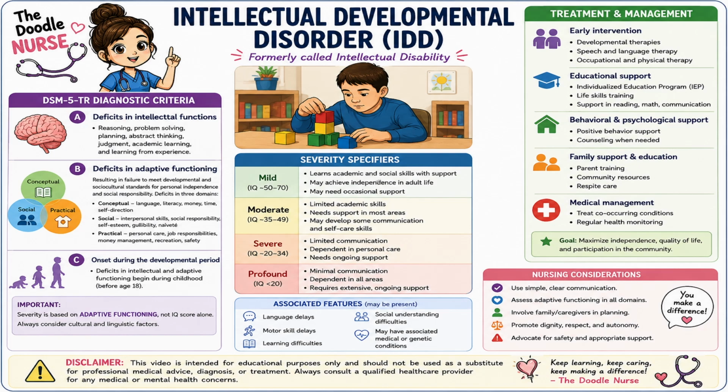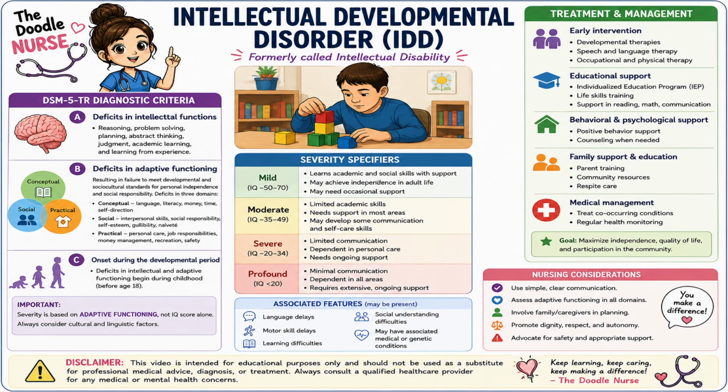They often need continuous support throughout life. Individuals with profound IDD have extensive impairments in communication, mobility, self care, and adaptive functioning. They require comprehensive and ongoing support in nearly all areas of life.